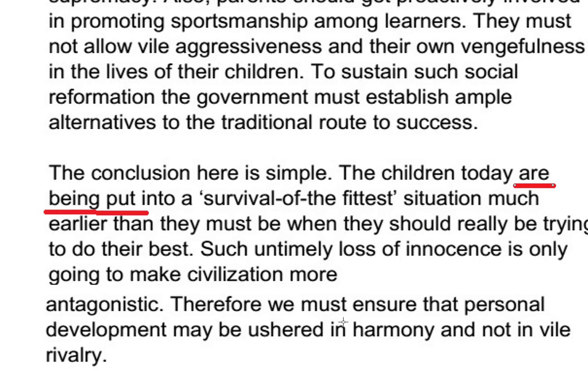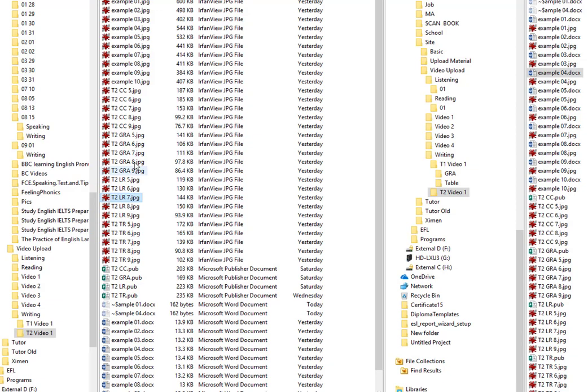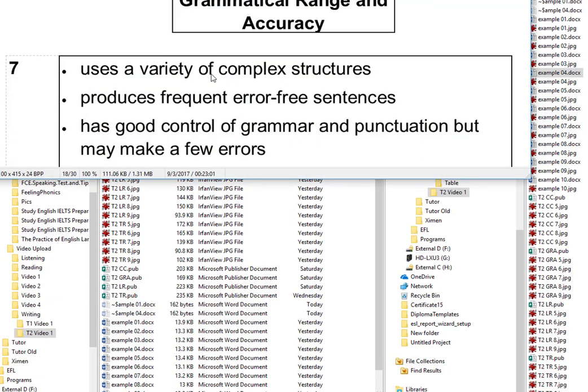See the passive being used again. Okay, so as far as grammar goes, a variety of complex structures are used. There are a lot of error-free sentences.